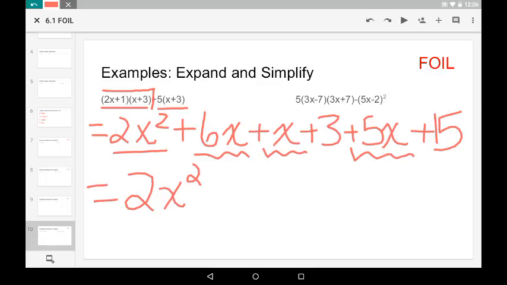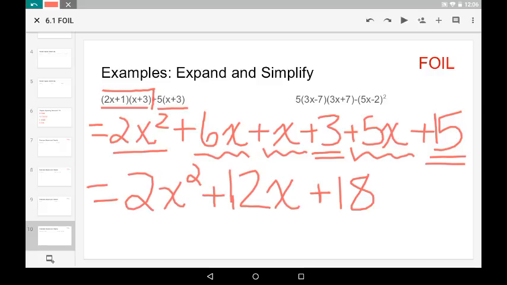So 6 plus 1 is 7, plus 5 is 12x, and we have a 3 and a 15, so that makes plus 18. And that's our final answer, 2x squared plus 12x plus 18.